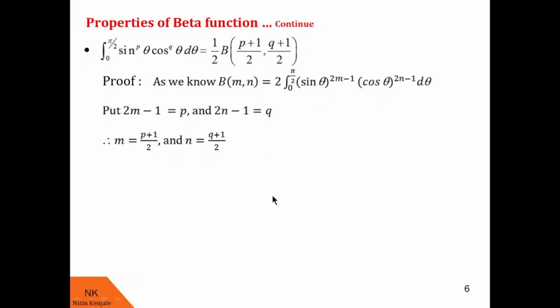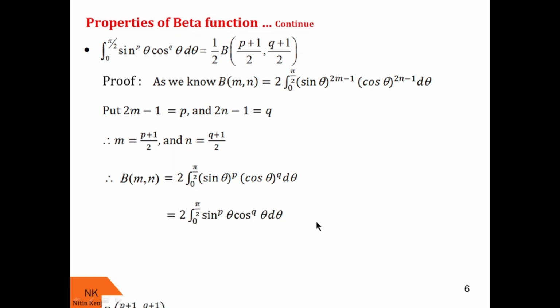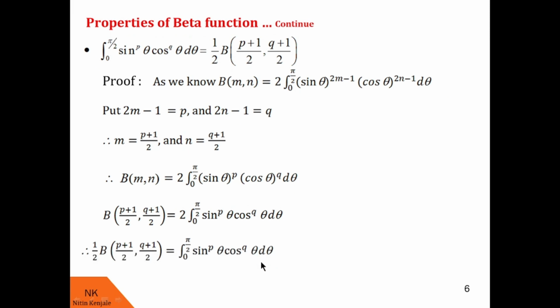So this beta of m comma n can be written as twice integral of sine raised to p theta into cos raised to q theta d theta over the limit 0 to pi by 2. Whereas this LHS now can be written as beta of m is p plus 1 by 2 and n is q plus 1 by 2. And then finally, we take this 2 on the other side to prove this statement. I hope you understood this proof.